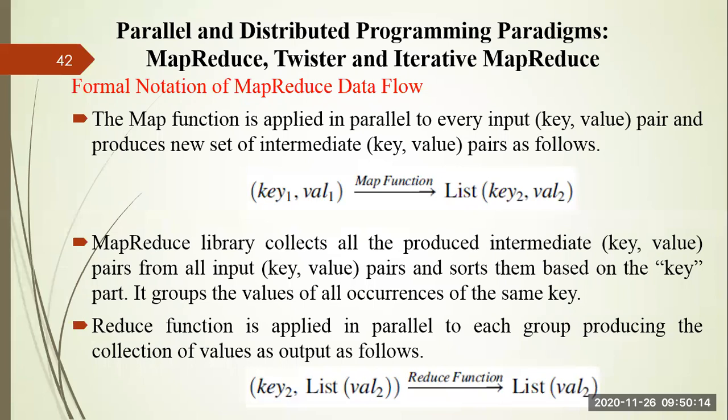So the reduce function is applied in parallel to each group, producing a collection of values as output. So you can see we are giving a key 2 and a list of value 2 to the reduce function. Finally, we are getting a list of value 3 as output. So these two are the mathematical notations we are following in mathematics.